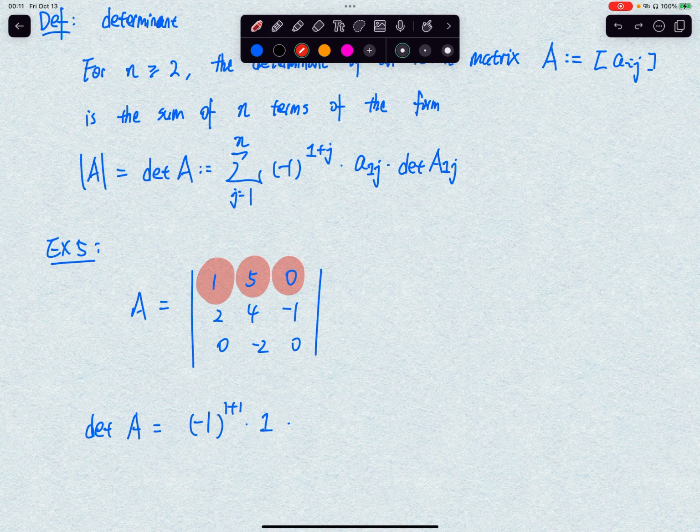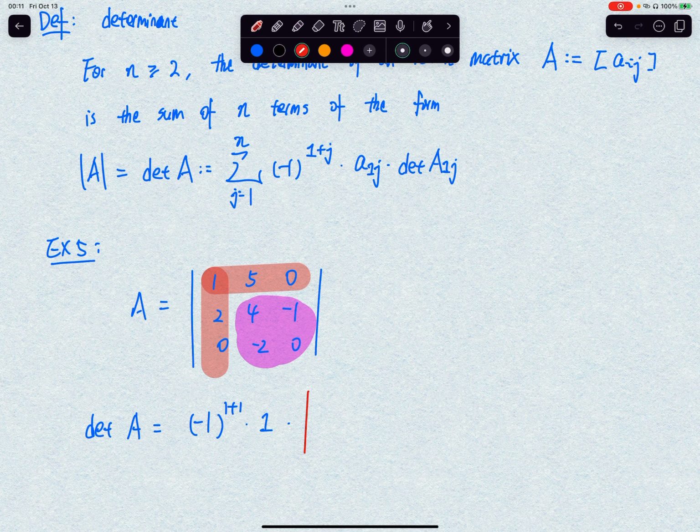And in finding the determinant of A1j, for example A11, we start with this entry and remove this row and the corresponding column. So the remaining 4 terms become our determinant of A1j.